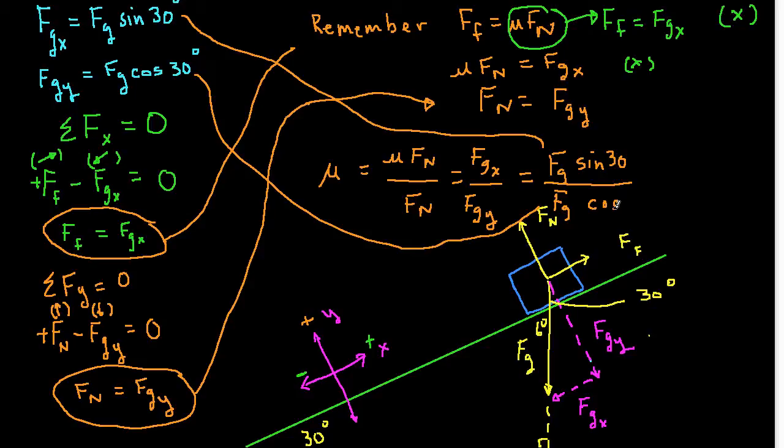So now the Fg's cancel out, and we have sine 30 over cos 30, which is the same as tan 30. There we go. Mu equals tan 30.